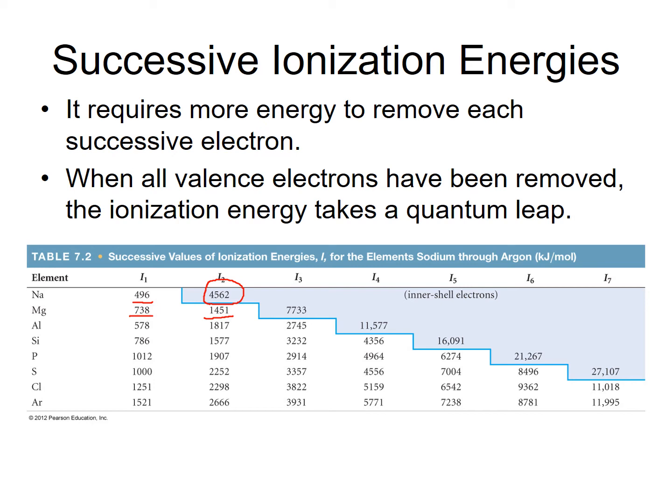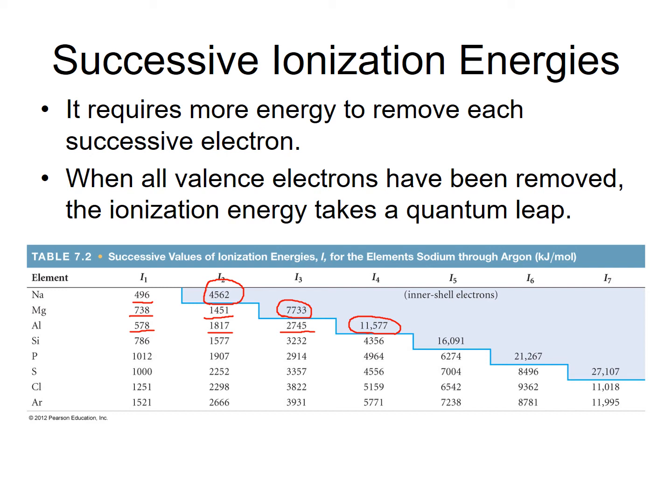Then all of a sudden the third one is a lot bigger, so it takes many times more energy to remove the third electron for magnesium. Aluminum, I have some reasonable progression going here, 578, 1817, 2745, and then look, a huge jump to 11,000 something in kilojoules per mole to remove the fourth one.